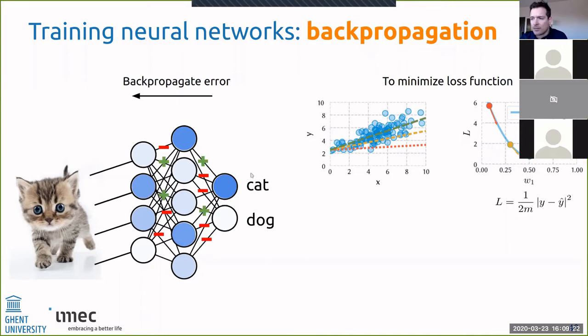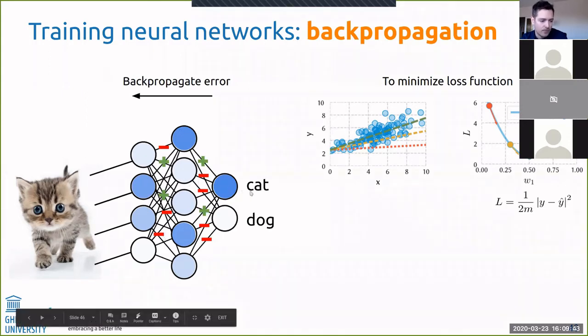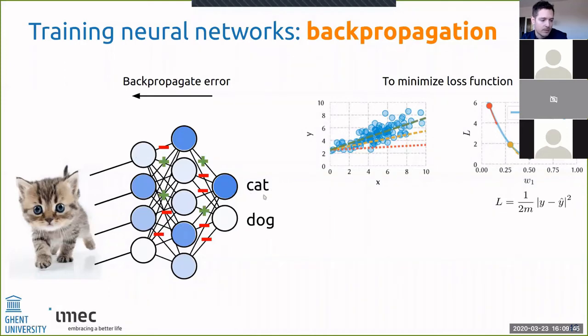So, for example, the network predicts a cat with 60% certainty. This means that the neuron responsible for the cat prediction makes a 40% error. And this error will then be partitioned between the neurons in the previous layer. Each will get a part of it, and this will optimize all the parameters in the circuit from the back to the front. So this is what it means to do backpropagation.